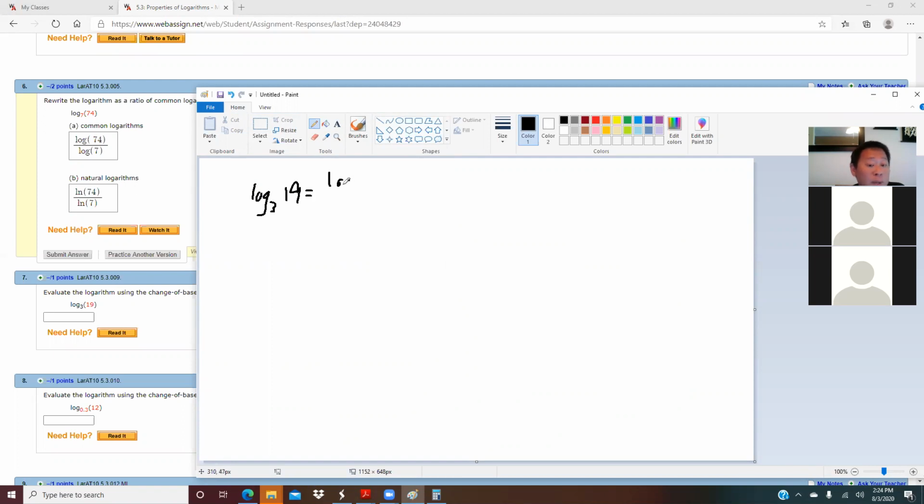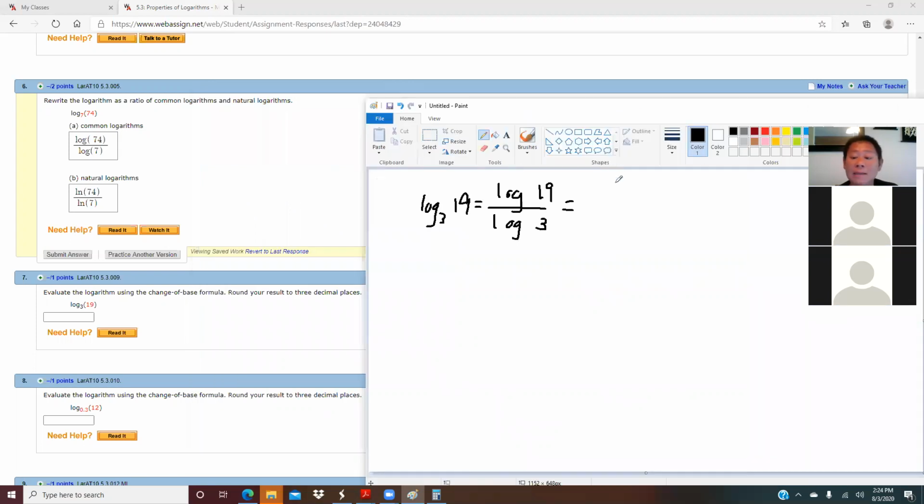If you want to do base 10, it is log 19 over log 3. Now, if you have a calculator, go ahead and take it out and find out what log 19 over log 3 is, and write your answer in 3 decimal places.